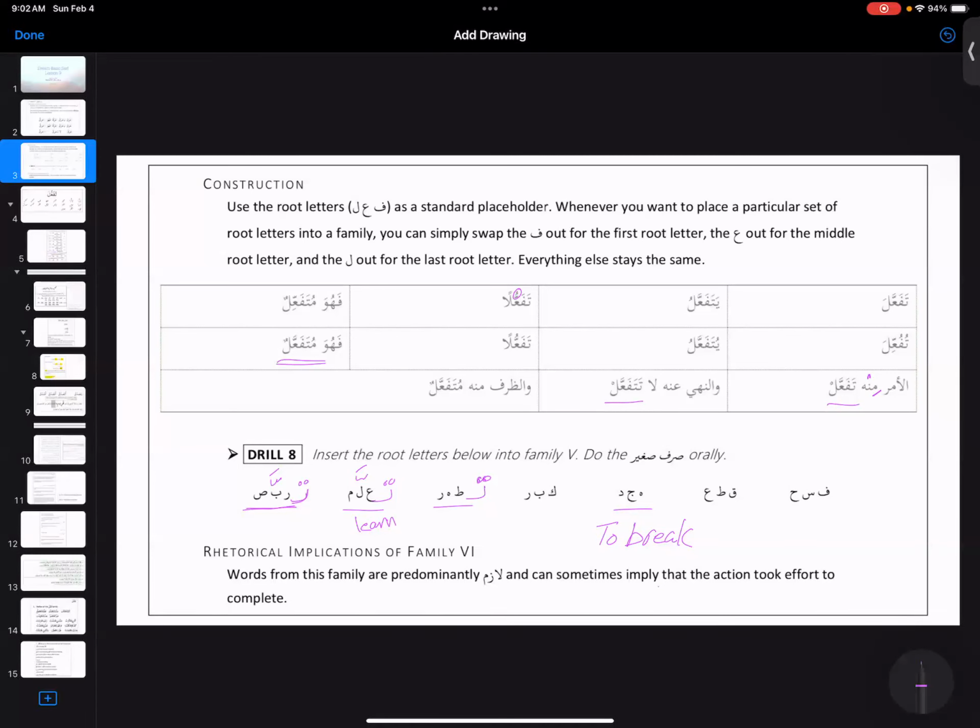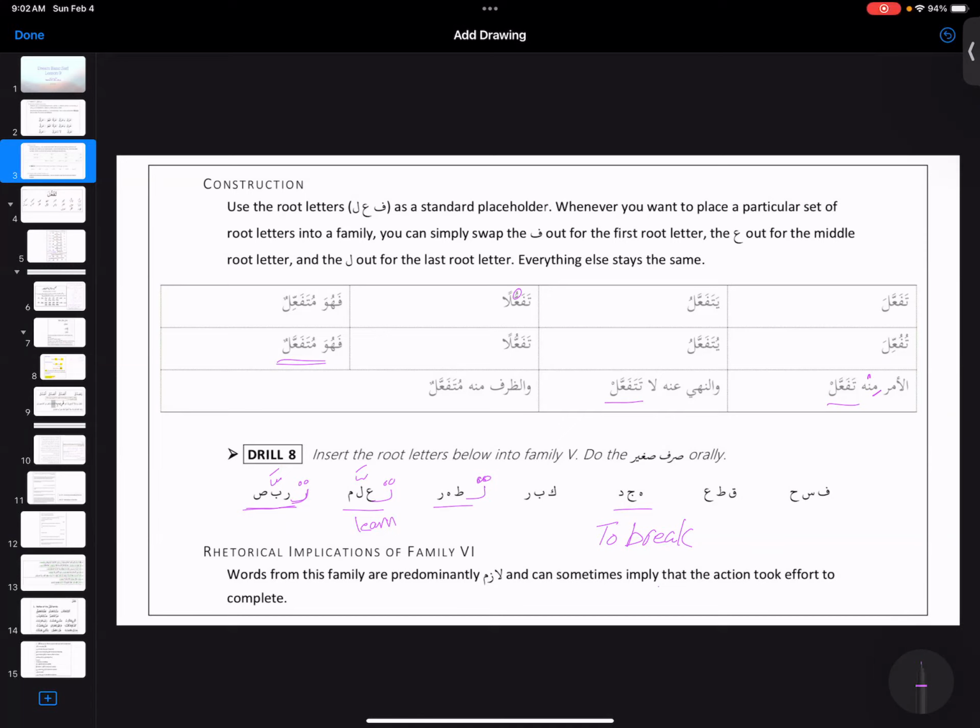If you know yourself, this is my problem and I need to fix it, first you recognize it, then you make a lot of conscious effort to get rid of that evil feeling or habit you have. So for this family, we need to remember that a lot of effort is required to do the job.